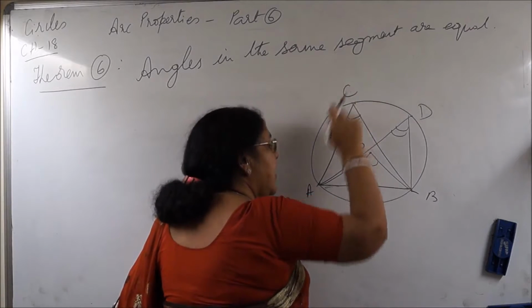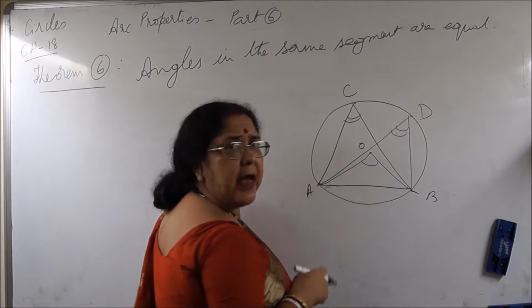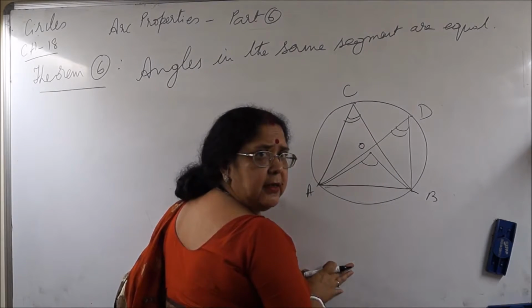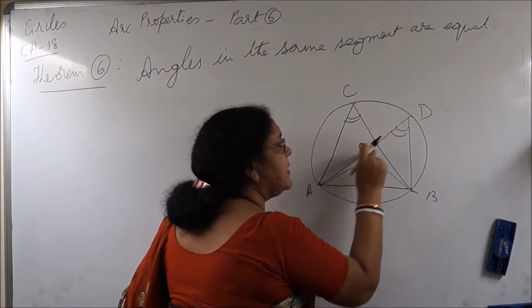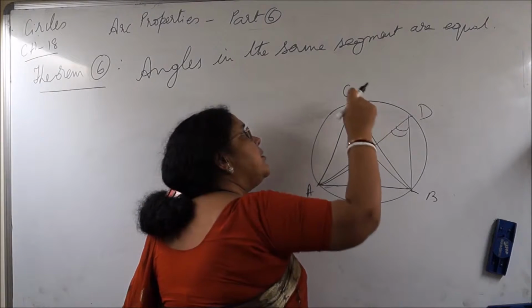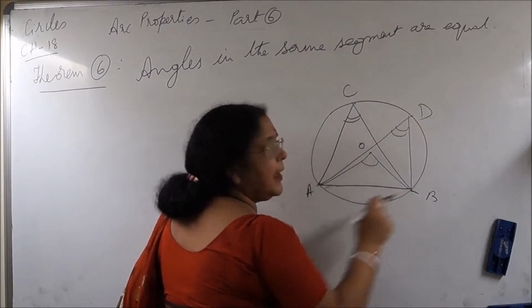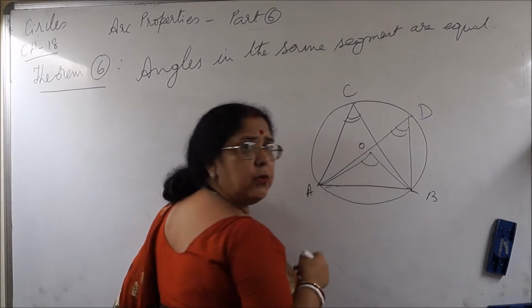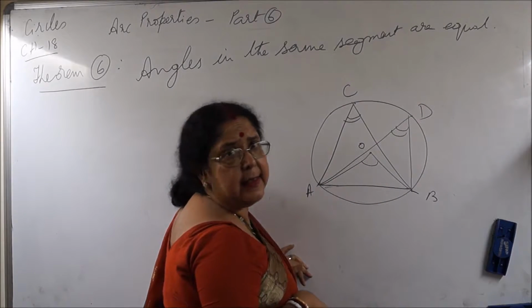So AOB is twice angle ACB and AOB is also twice angle ADB. Therefore angle ACB is half of angle AOB and angle ADB is also half of angle AOB.